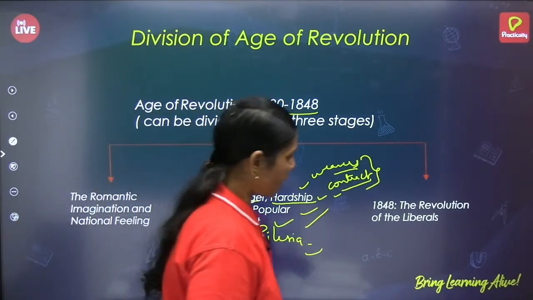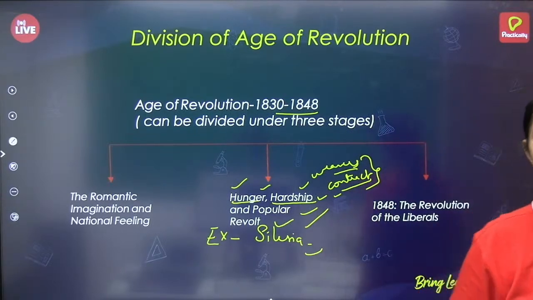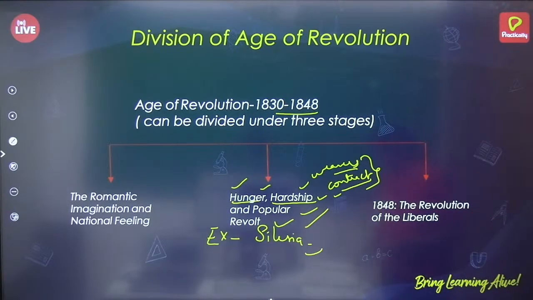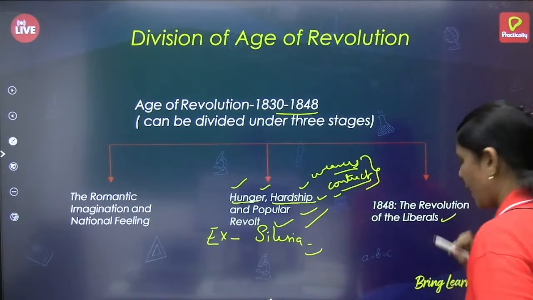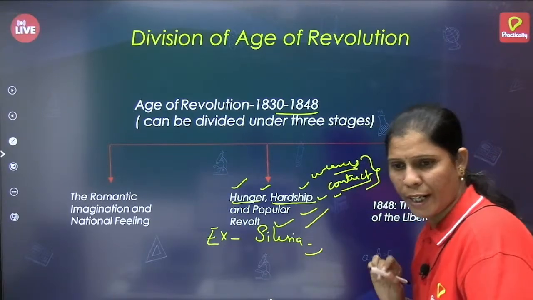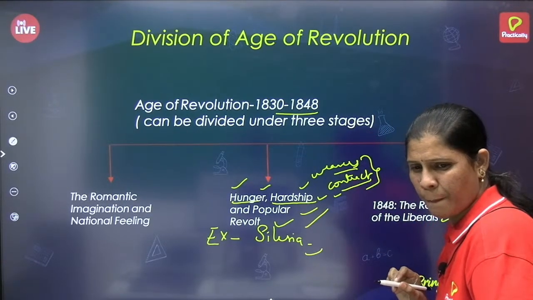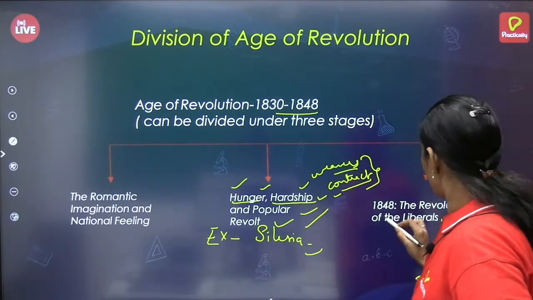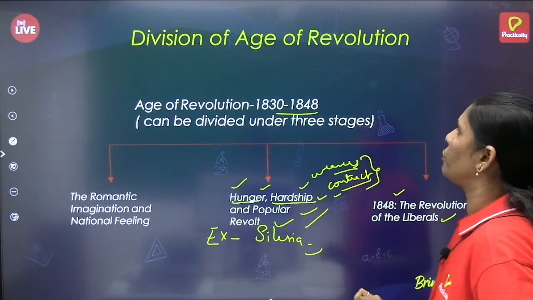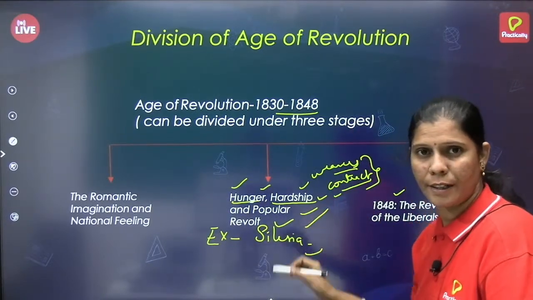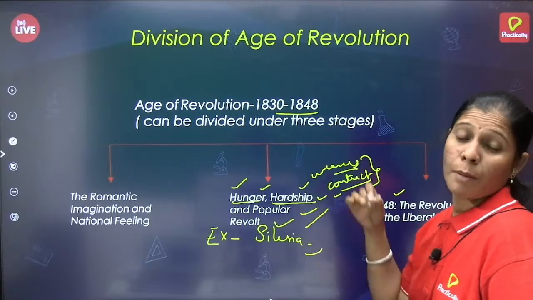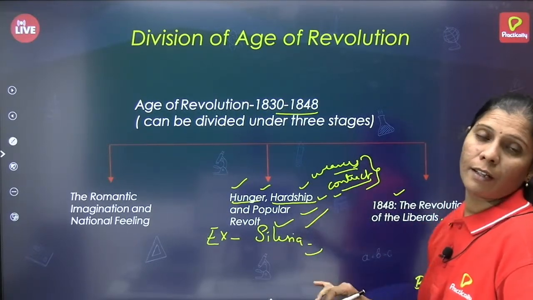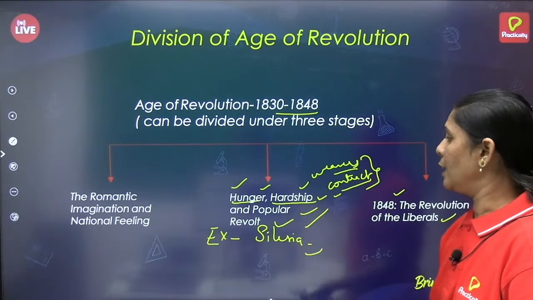Next comes the 1848 liberal movement. Especially we will learn here about liberal movements in Germany. In 1848, till now we learned about France and different other countries, and how they led their revolts.